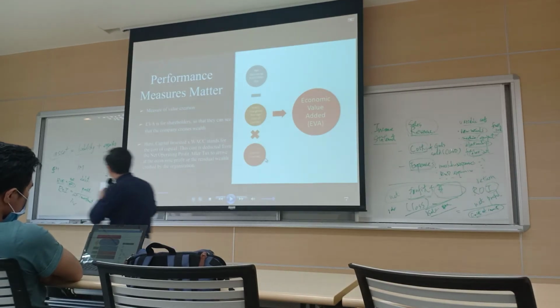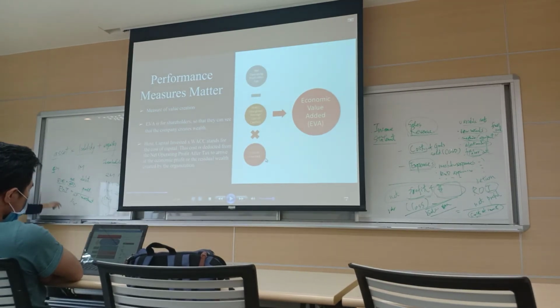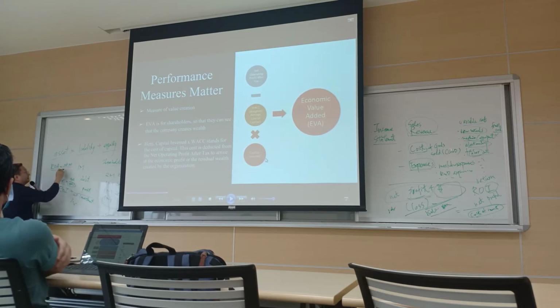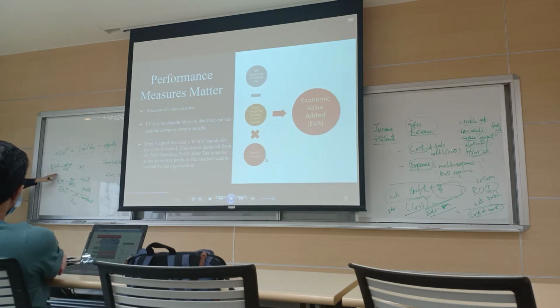But if we use ROIC, we have a different ROI. If we use ROA, return on asset, it's easy to understand. Return means net profit divided by asset. So what do we measure with ROA?